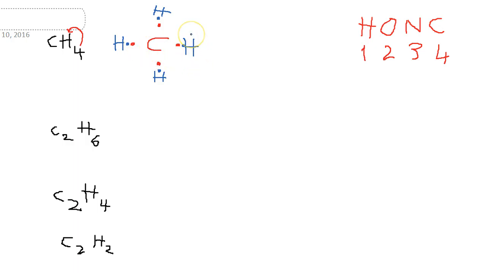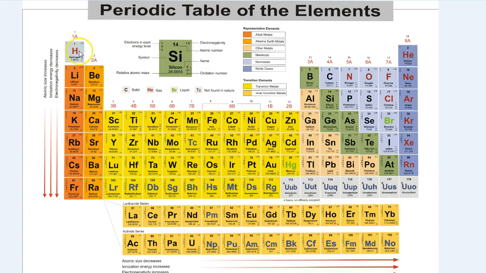So what's going to happen is that both C and H are going to want to have a noble gas configuration, just like the noble gas on its row. So let's look at it. H is right here. H is going to want to have the outer shell of helium, He, meaning it's going to want to have two electrons.